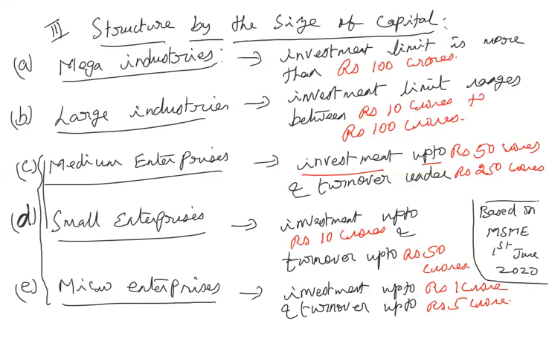If your capital limit is very small, you will have financial problems, isn't it? Because of that, it is categorized like this. Accordingly, the assistance will be provided by the government.